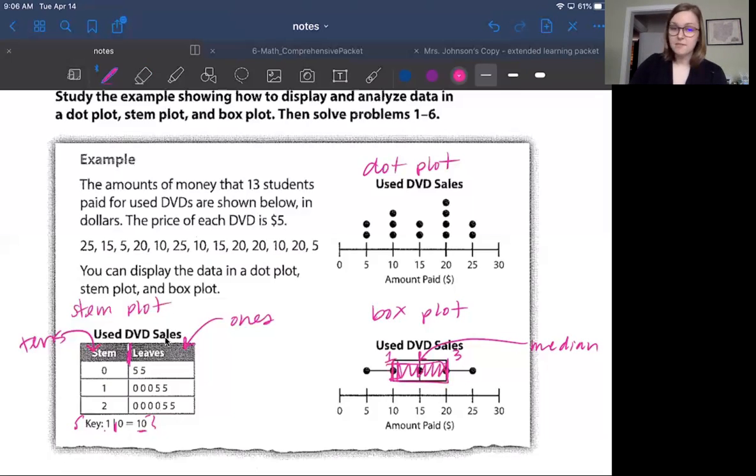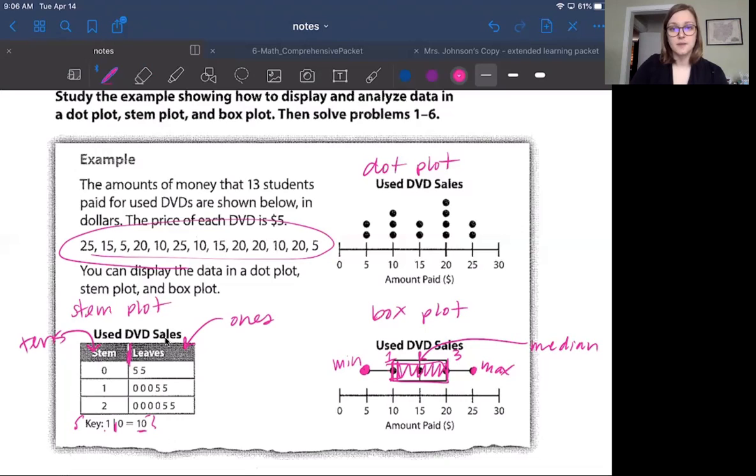So when I list out all of my original data from smallest to biggest, the middle half of it, literally half of those numbers, are going to be inside that box. This 5 is your minimum, that smallest number that you have. 5 is definitely the smallest number in our plot, and 25 is the max, the biggest number that we see.